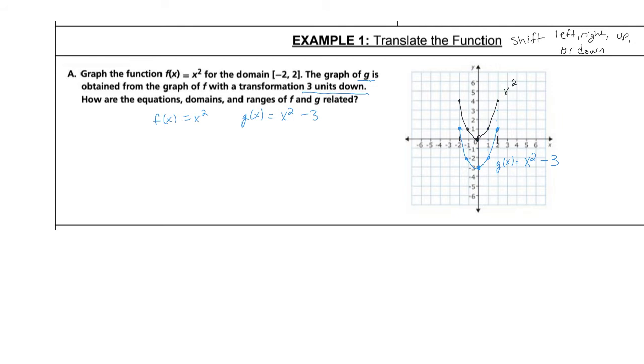Now if we look at the domain, it's still in between -2 and 2. So the domain stays the same, but our range is going to change because our y values went down. It's starting at -3 and going up to 1, whereas the first x squared started at 0 and went up to 4.